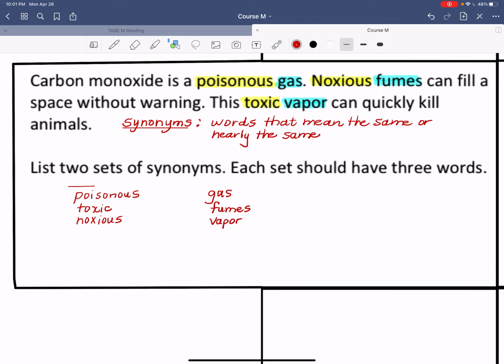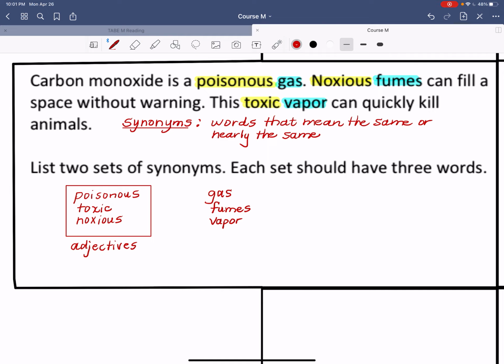I do want to call your attention to something that may help you. If you notice, this set of words are all adjectives. So synonyms will be the same part of speech. If you're looking for synonyms on a test, if poisonous is an adjective, and it is, that means that its synonyms will also be adjectives.